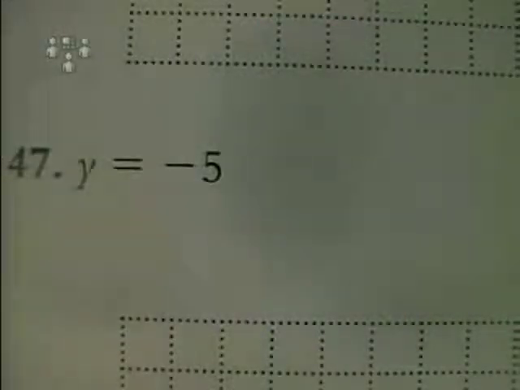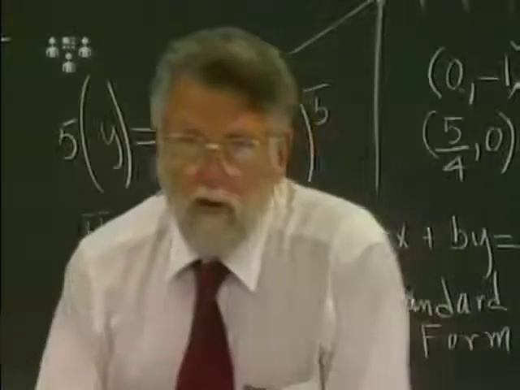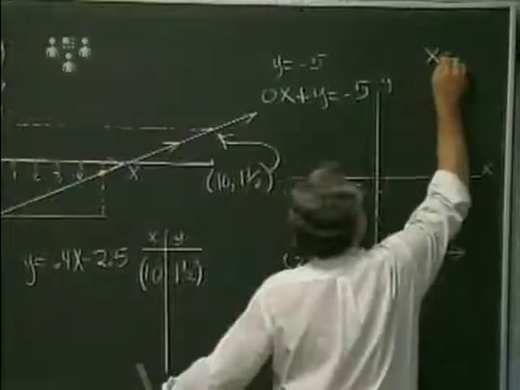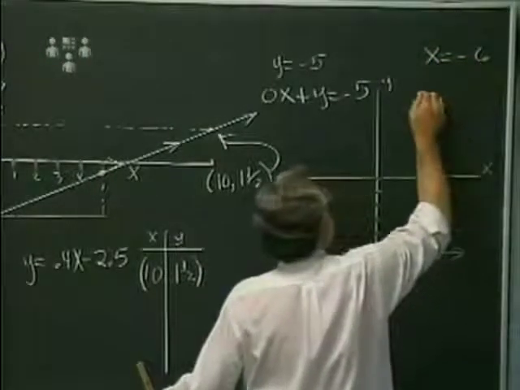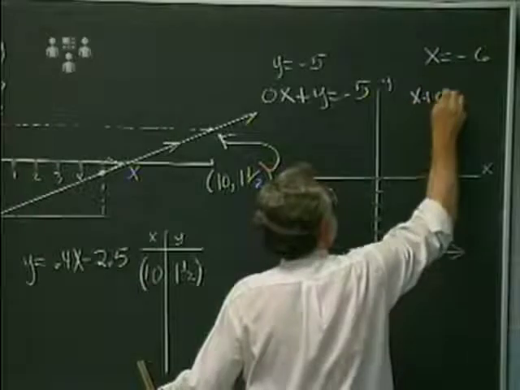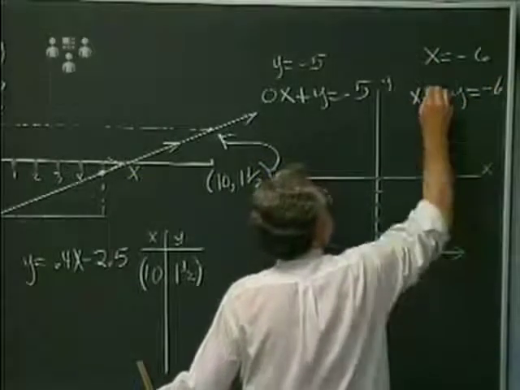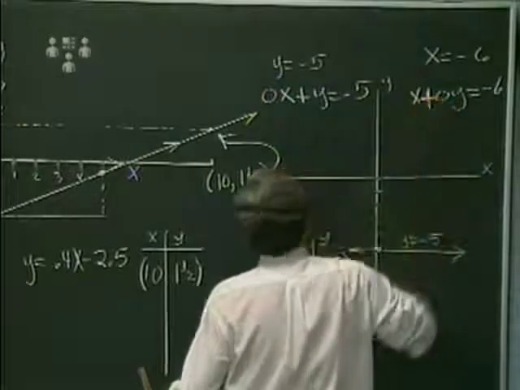Now I'm just going to go next door and slide over. Okay, let's look at this one. X is negative 6. Okay, so up here I'm going to put now x is negative 6, but I could write that as x plus 0 times y equals what? Negative 6. Do we agree?